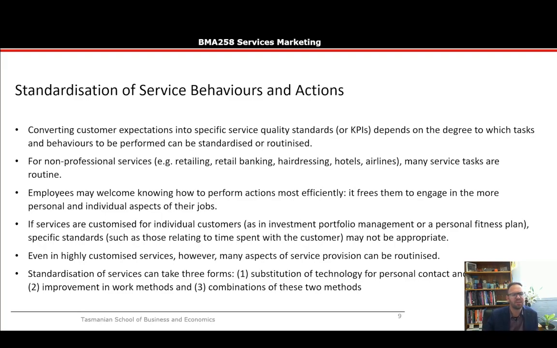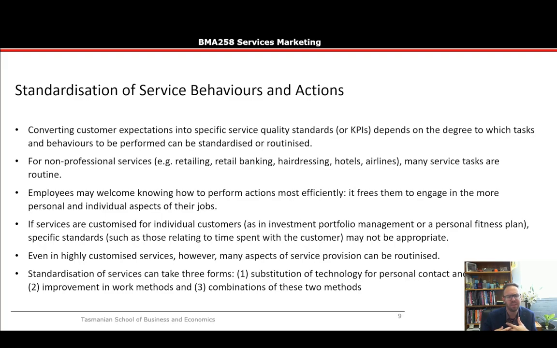Even in highly customised services, however, many aspects of service provision can still be routinized, made into a routine. The key idea then is to work out what the customer values the most, and the more functional parts of it, try and make them into a routine or standardise those.